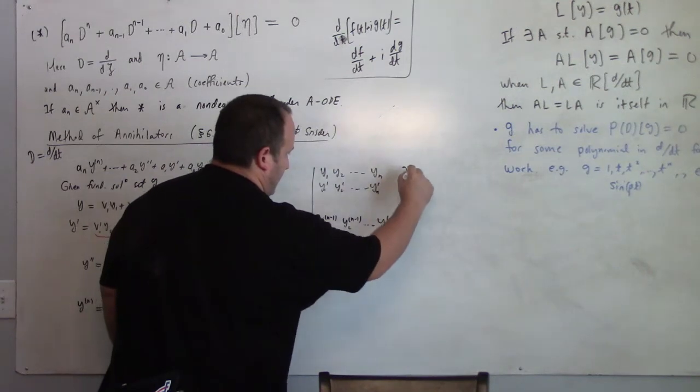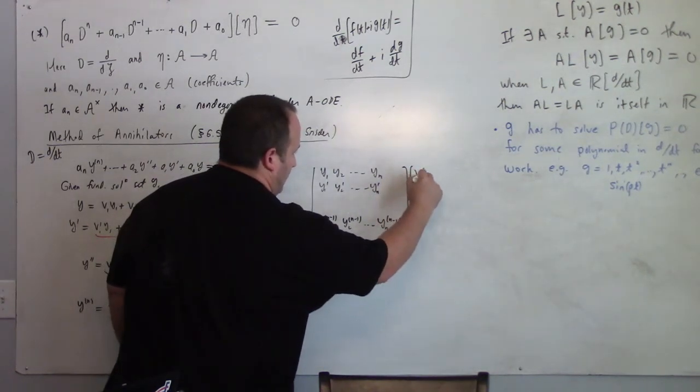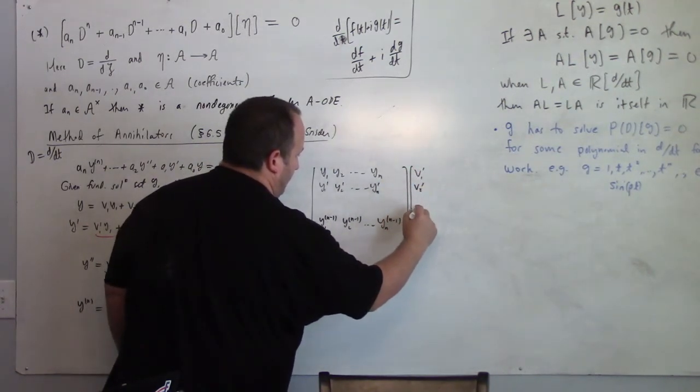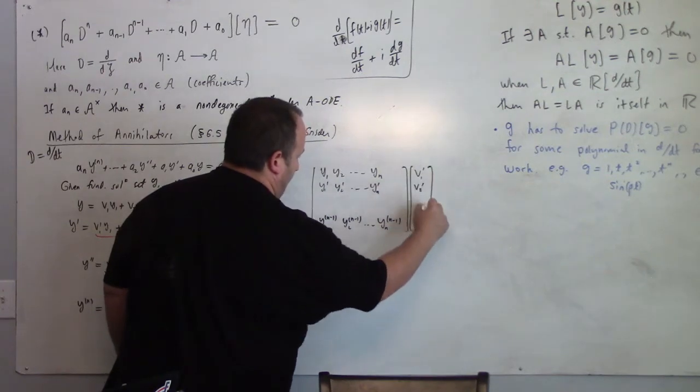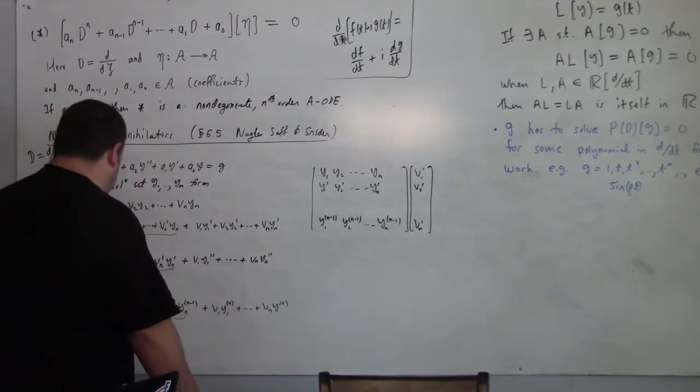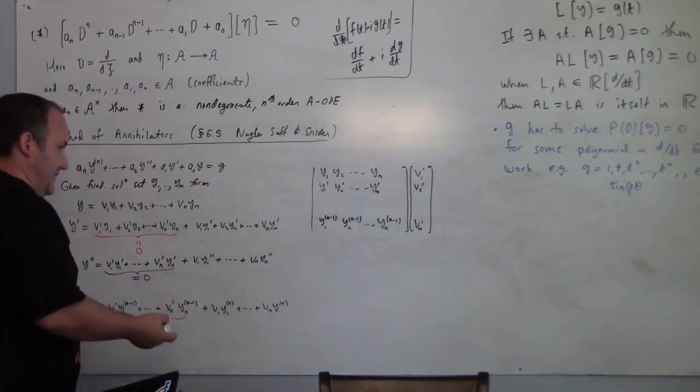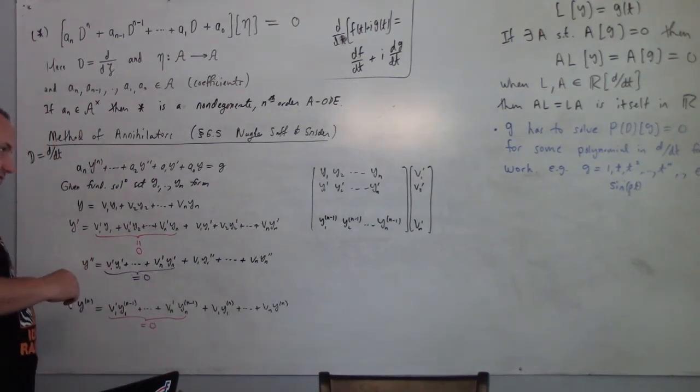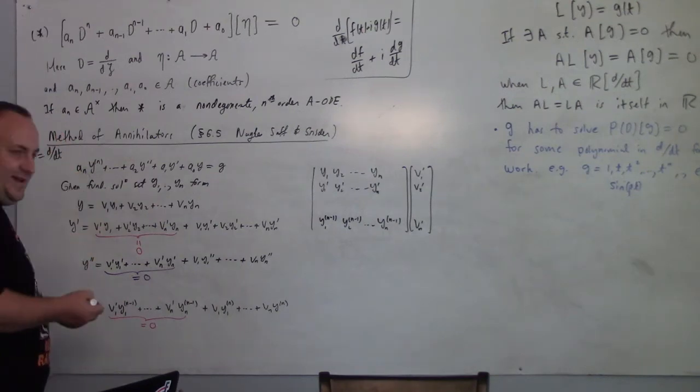So that matrix times v1 prime, v2 prime, all the way to vn prime, I would say that's equal to 0. That's not quite true. It's 0 right up until it's not.